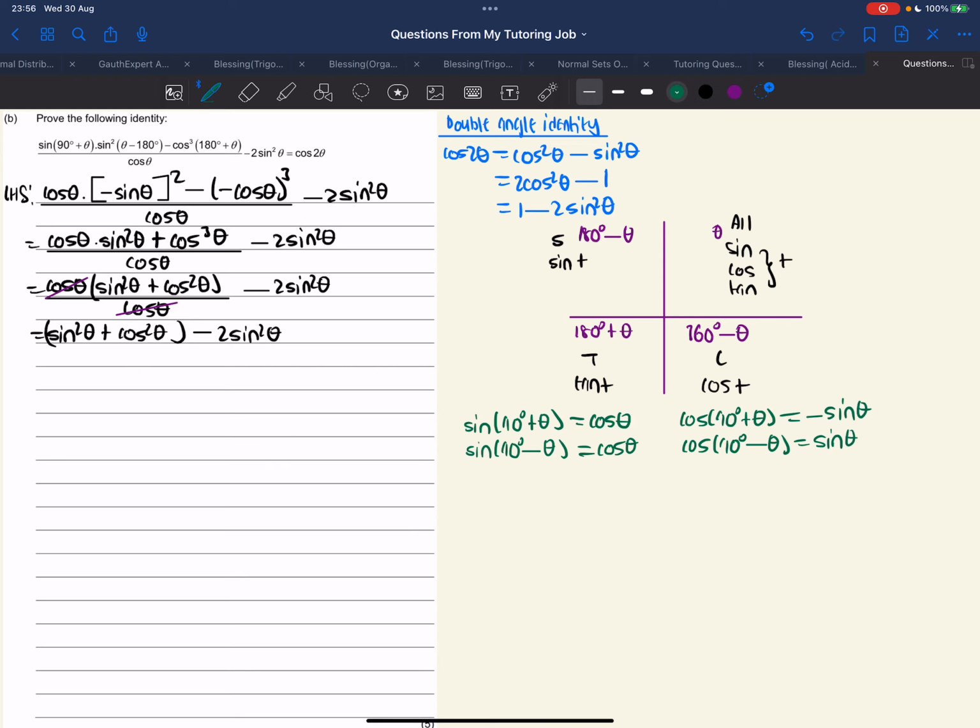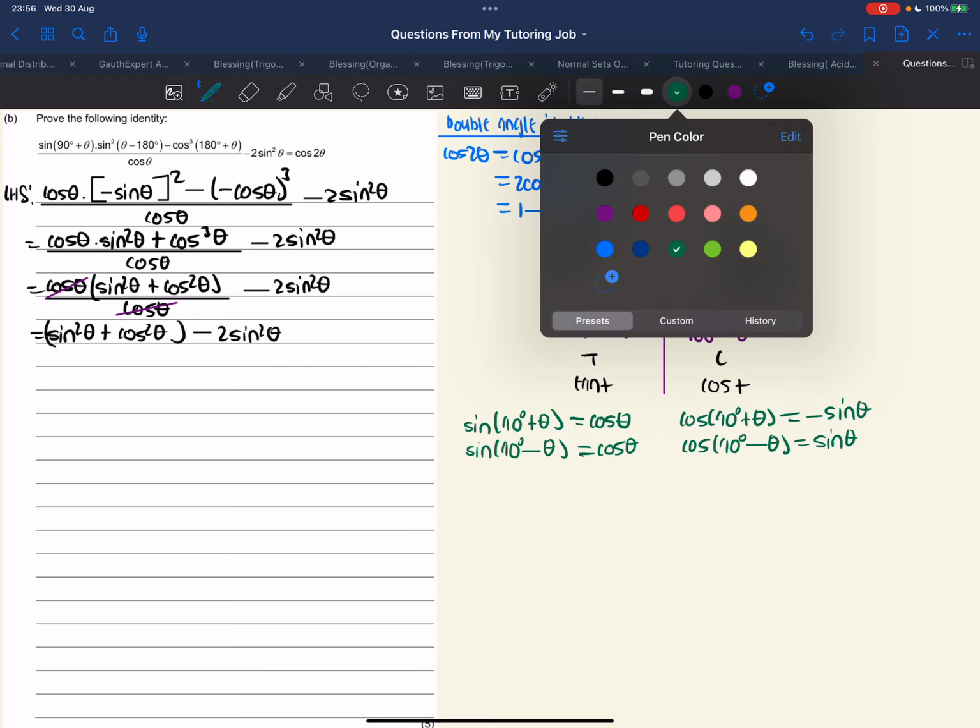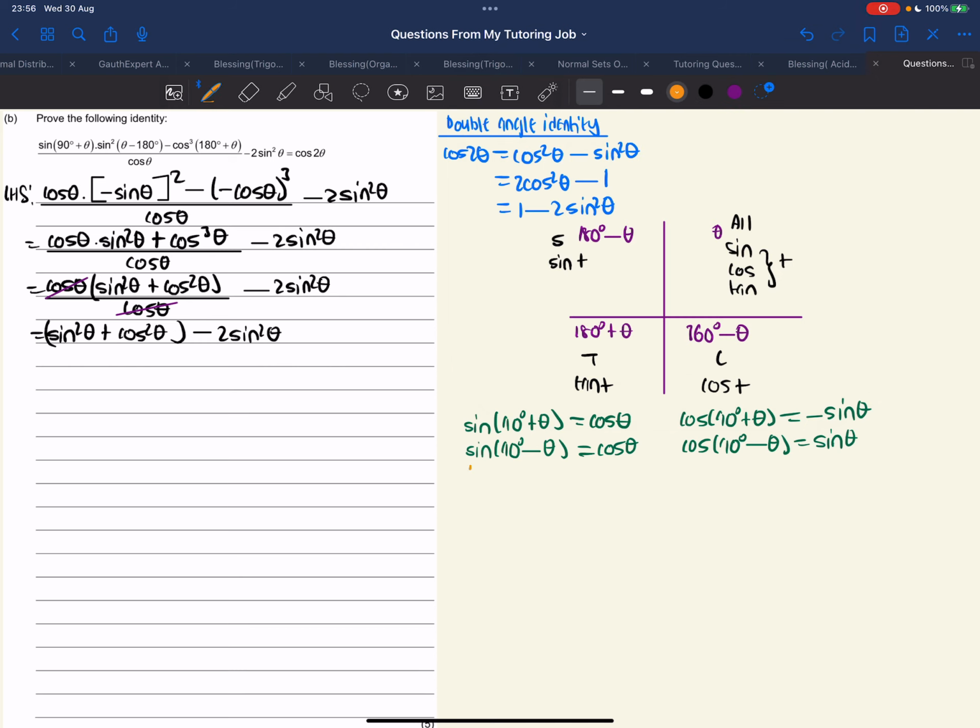Oh, and then there's another identity that I forgot that we're going to use, it's this one: the Pythagorean identity. Now that one states that if you have sine squared theta plus cos squared theta, the answer that you're going to get is 1.